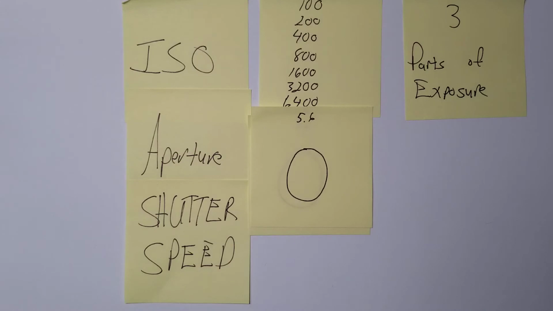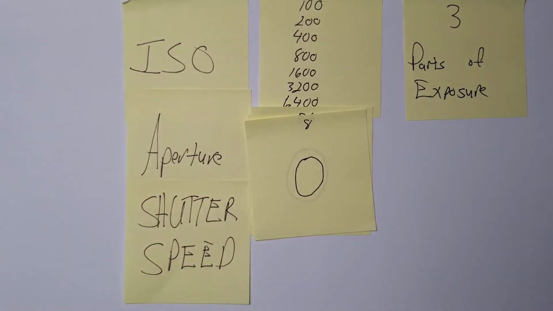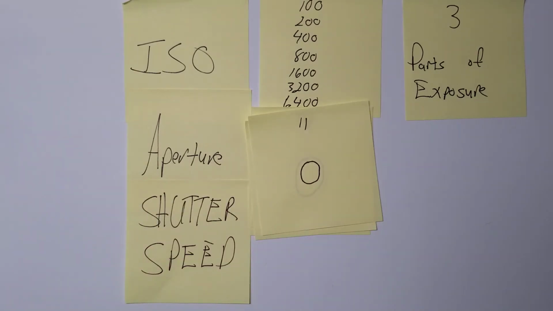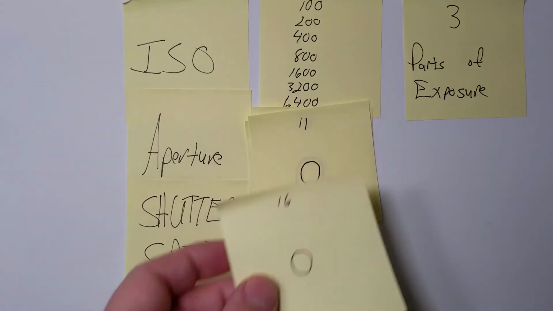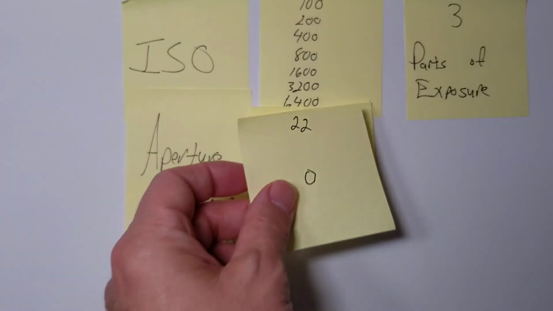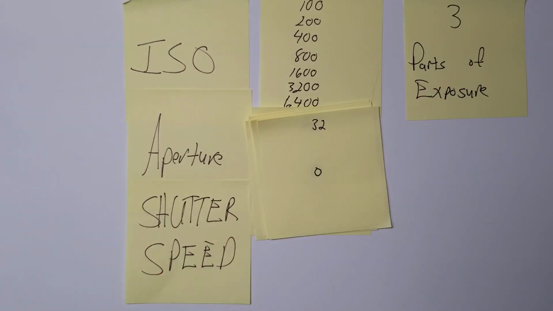Conversely, like 5.6 gets a little smaller. 8 gets a little smaller. 11 gets a little smaller. 16 gets even smaller. 22 gets even smaller, and 32 gets even smaller than that.